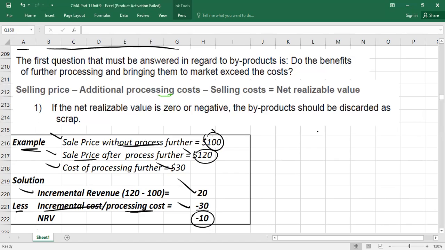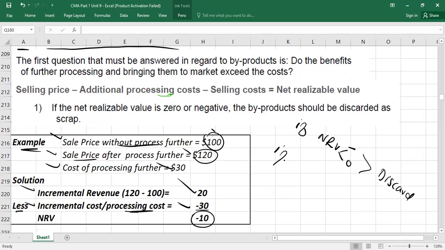It means you have to simply calculate NRV by applying this formula. What is the formula? Incremental revenue minus what? Incremental cost, or processing cost. If NRV is negative or 0, then we should discard it as scrap.